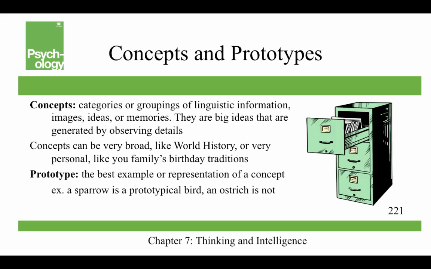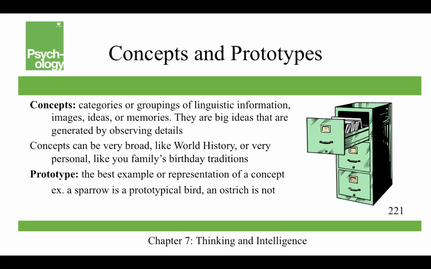So let's start with concepts. Now, concepts are categories or groupings of linguistic information, images, ideas, or memory of such things like life experiences. They're big ideas that are generated by observing details. Now, concepts can be very broad, like world history, or very personal, like your family's birthday traditions.